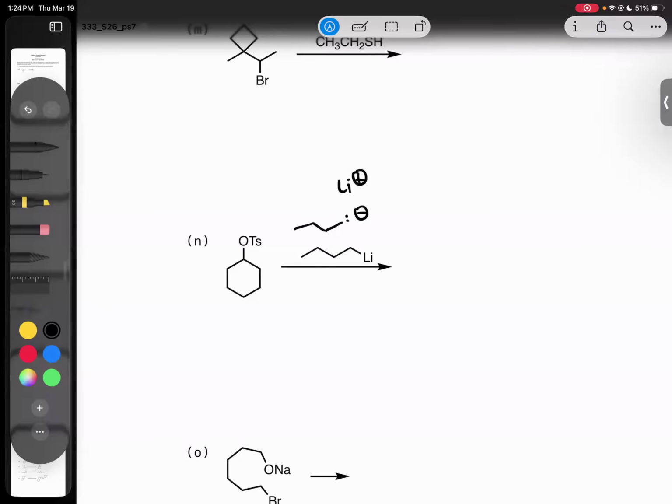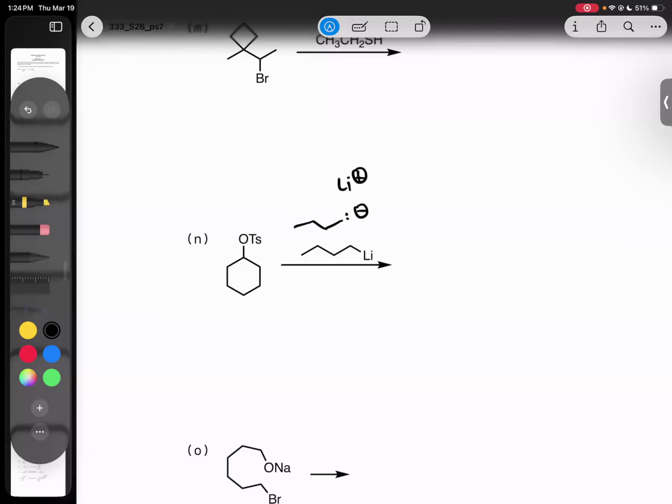Whenever you see those metals, we're going to ignore them. And then we have tosylate, a good leaving group. If you go on the chart of nucleophiles and bases, the RLi organolithium reagents were in the strong base, strong nucleophile category.